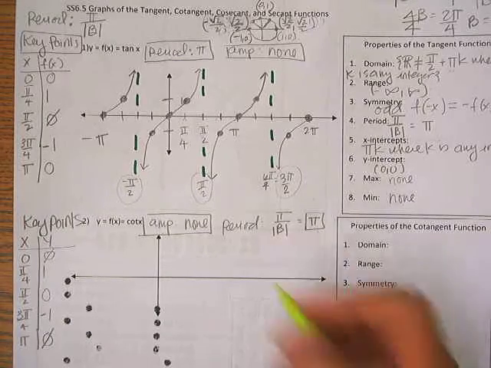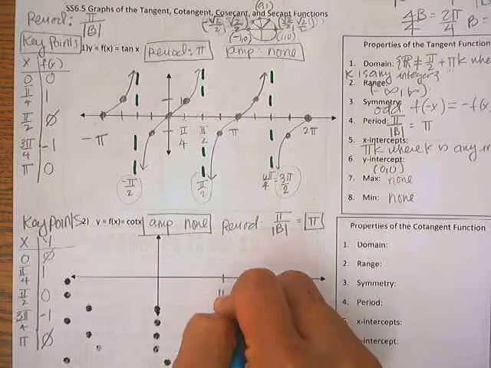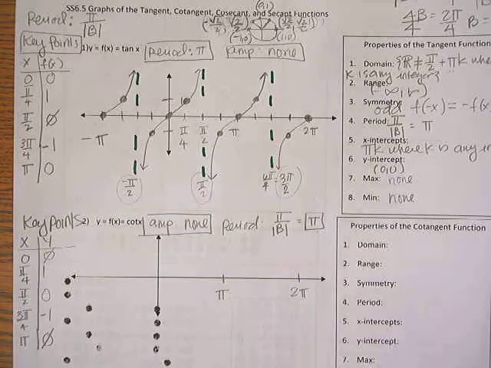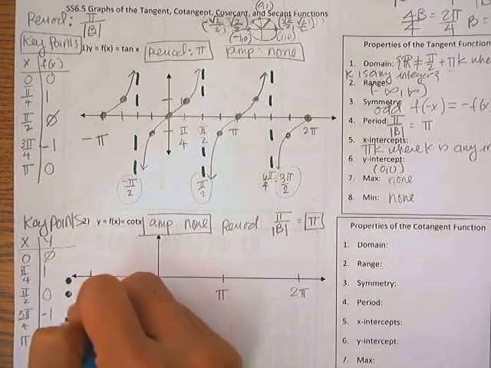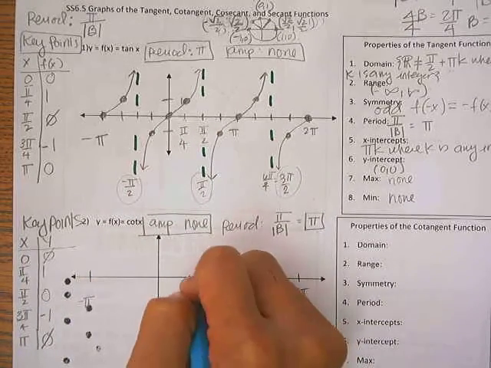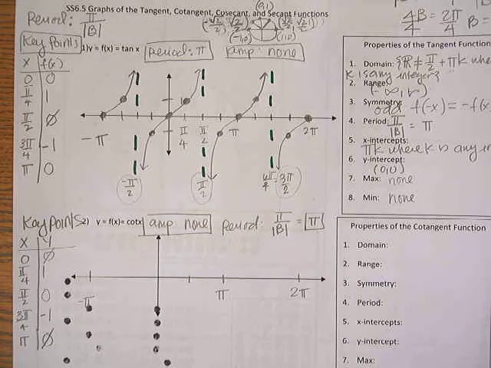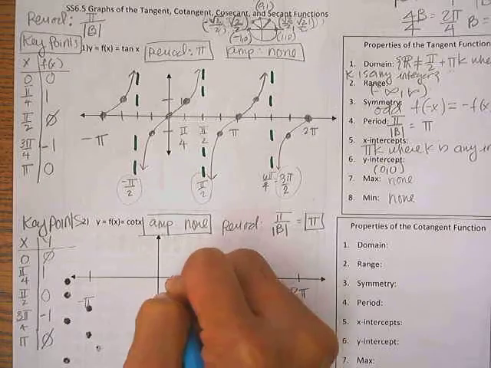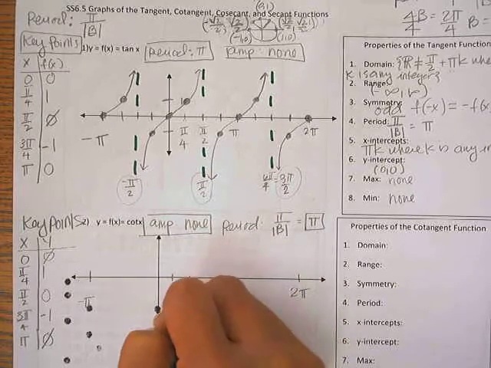We have 3 full cycles. Here's the first period. Here's the second cycle. And I'm going to do the left one, negative left. Then go in and put in 4 equal intervals. So half of a pi is a pi over 2. Half of a pi over 2 is a pi over 4.